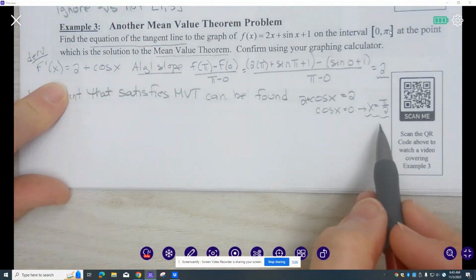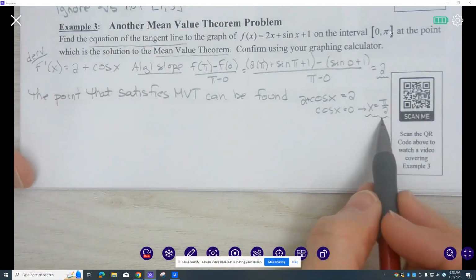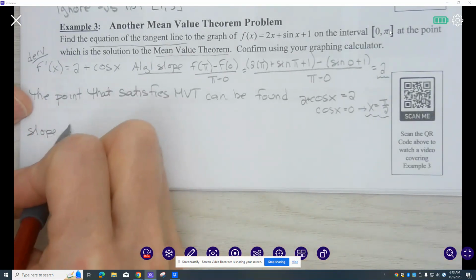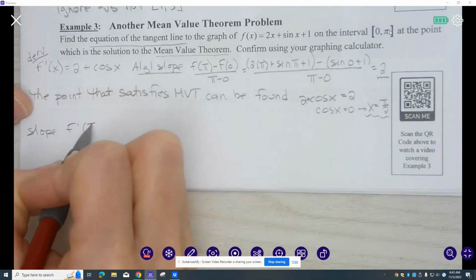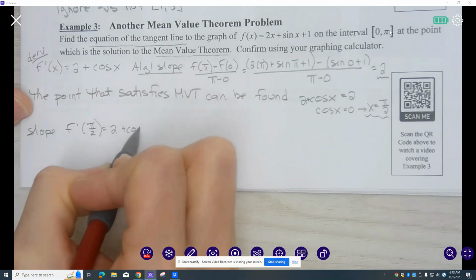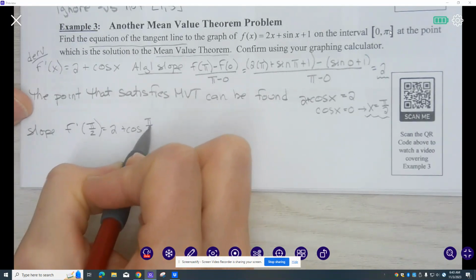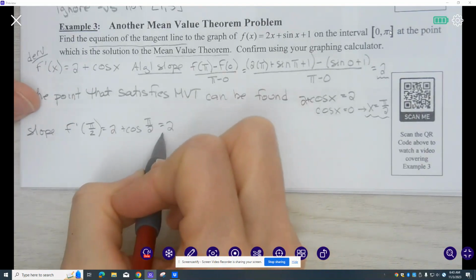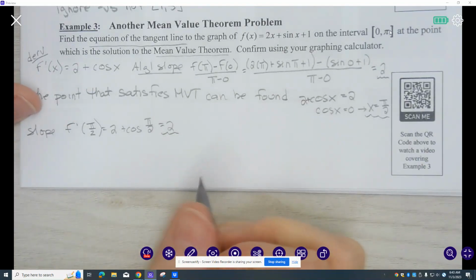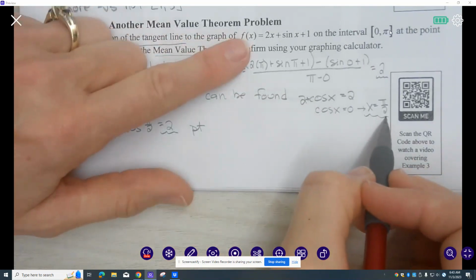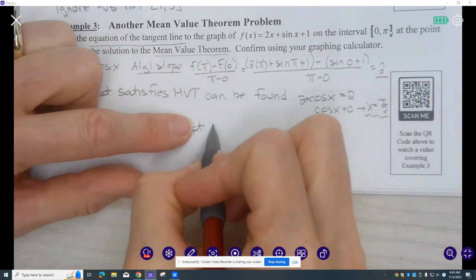Now, I want to write an equation of a tangent line at x equals pi over 2. So I need slope and point. So slope will be f prime of pi over 2, which will be 2 plus cosine of pi over 2, which will just be 2. So that's my slope. And now I need my point, which will be plugging pi over 2 into my original function.